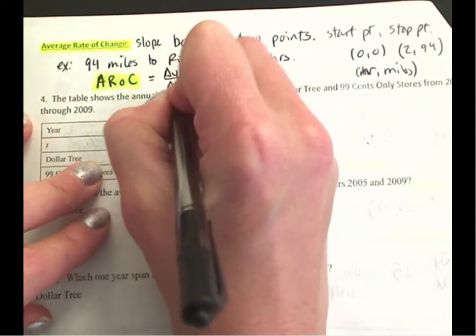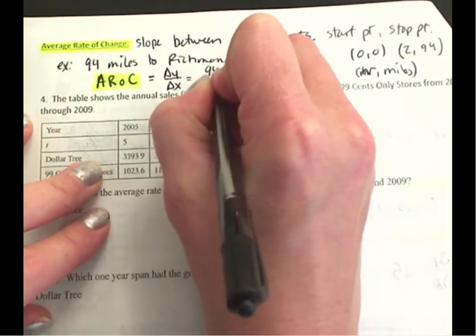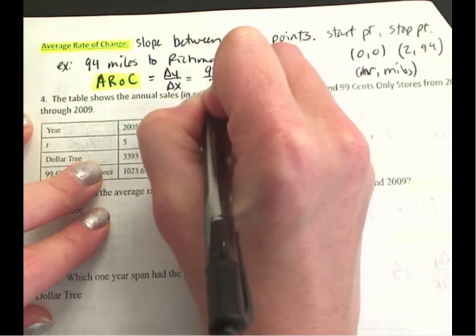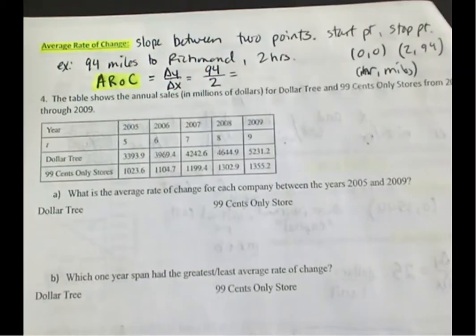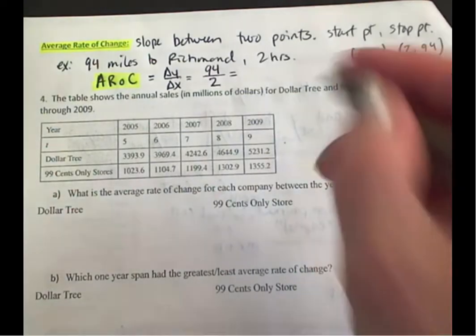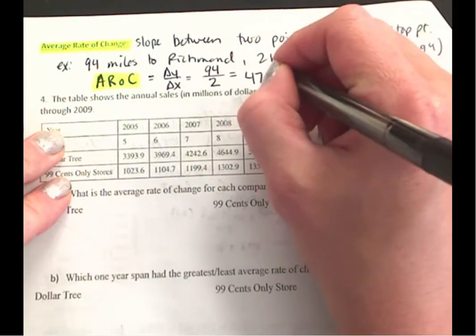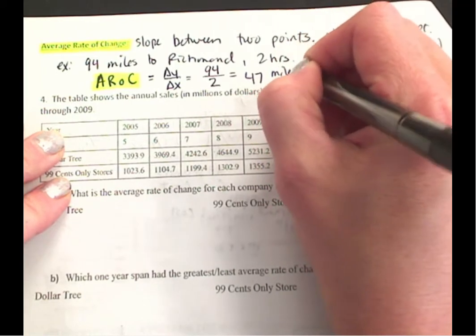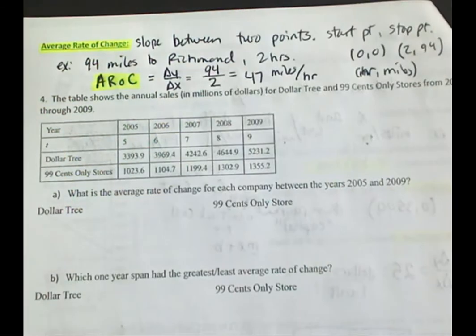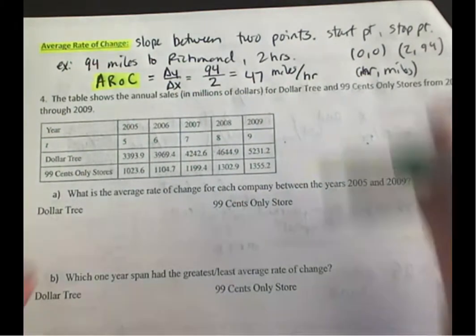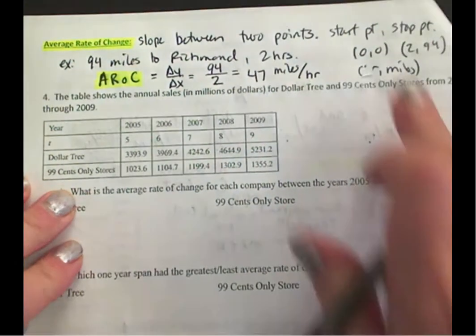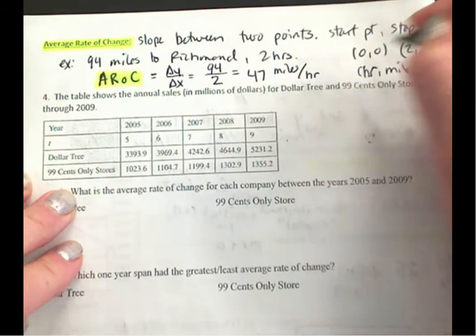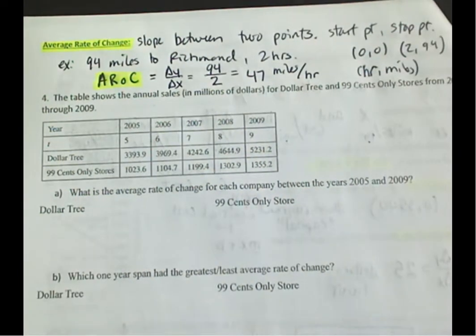Change in Y over change in X. Keep in mind you have units. 47. Include your units. Miles per hour. Notice that I figured out what my X and Y were before I found my slope so that I would have units to go with it.